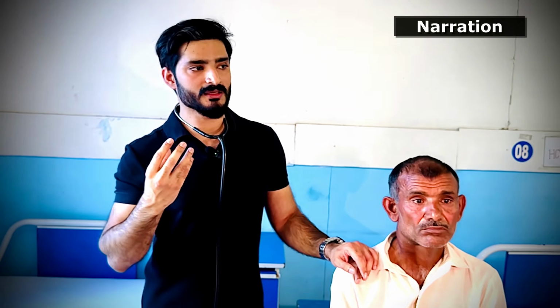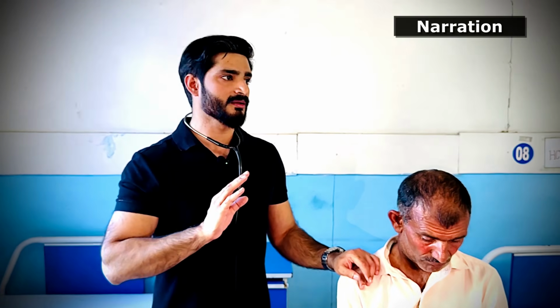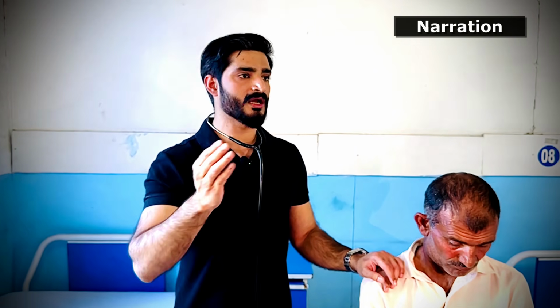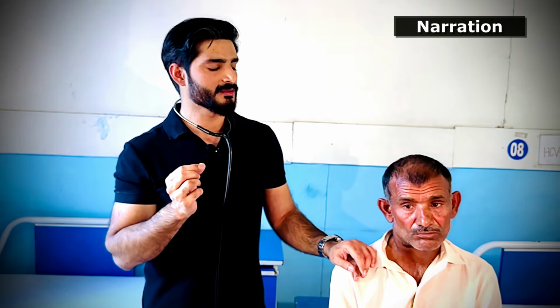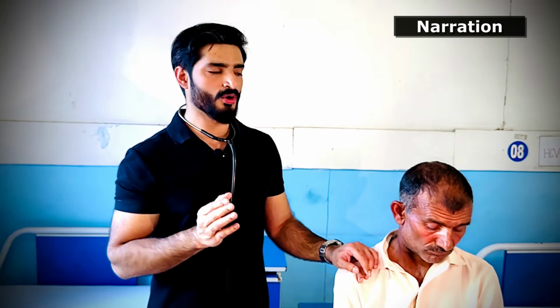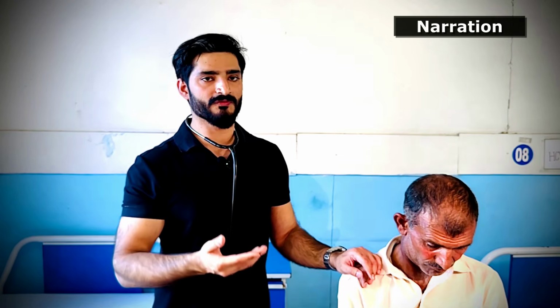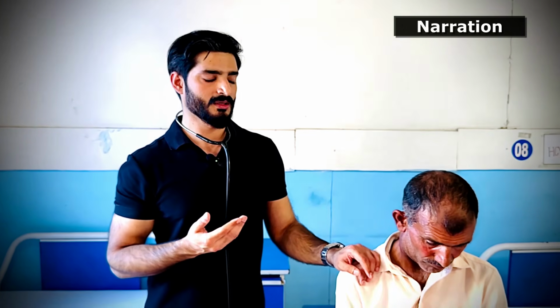This swelling is firm to hard in consistency. It is having irregular surface, irregular edges and margins. Overlying skin is pinchable. The swelling is fixed to the underlying structures. It is a non-compressible swelling. The examination of the rest of the cervical lymph nodes is unremarkable.